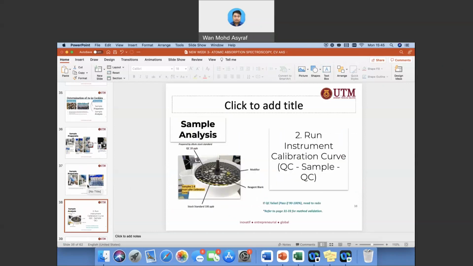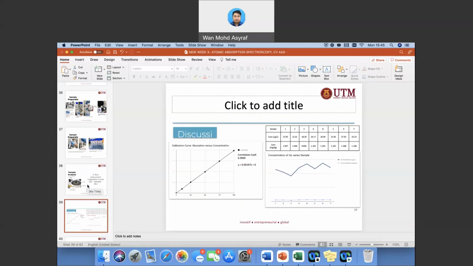Okay, analysis of the sample. You need to prepare a calibration curve, which you will use for quantification purposes. You will learn this later on, but it is good for you to have some introduction to how the process works.